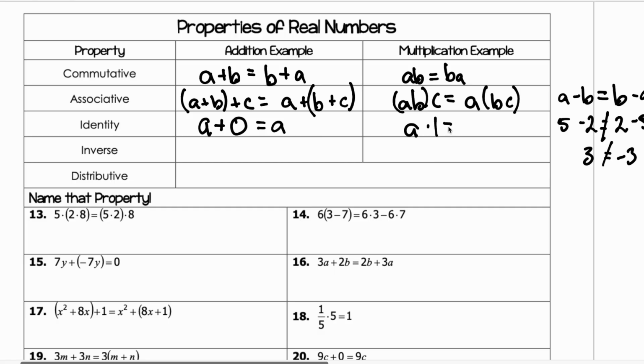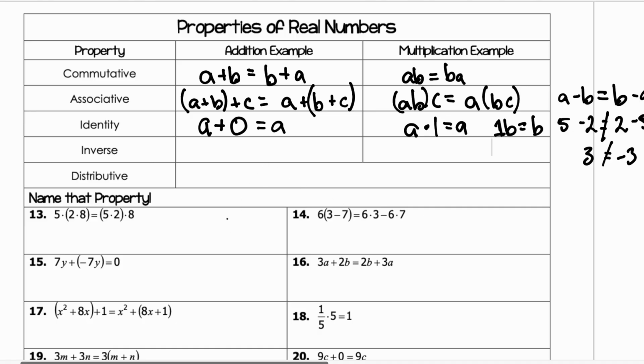A times 1 equals A. B times 1 equals B, right? Because we're multiplying by 1, it doesn't change our value. You might even see this as 1 in front of a letter B is just going to equal B. We don't write that 1. It's understood that there's a 1 in front of that variable, but we don't have to write that.